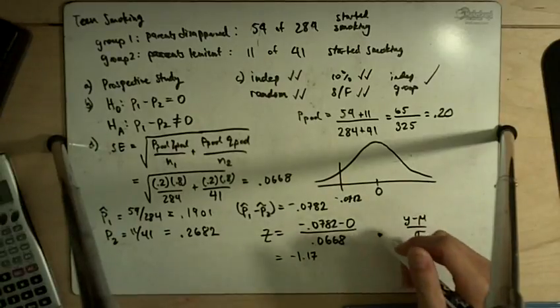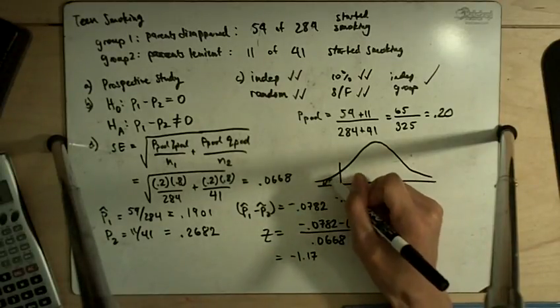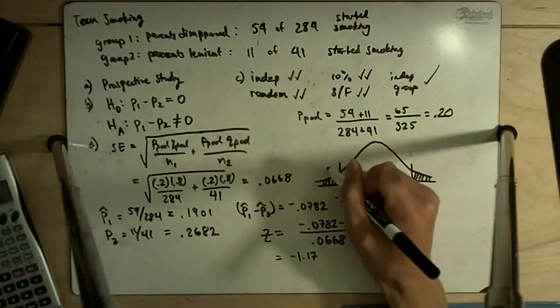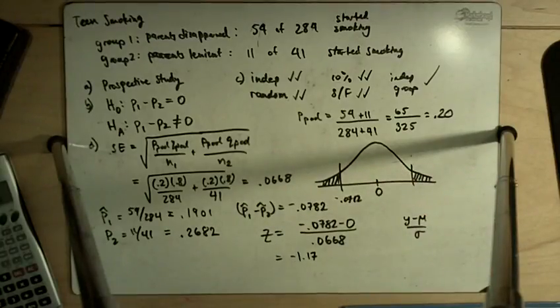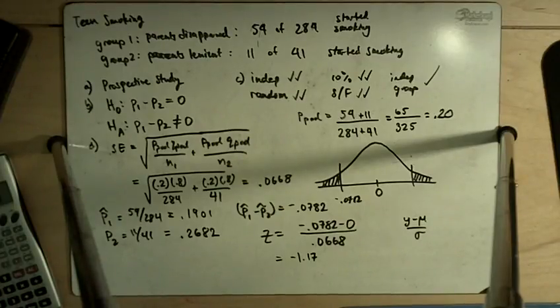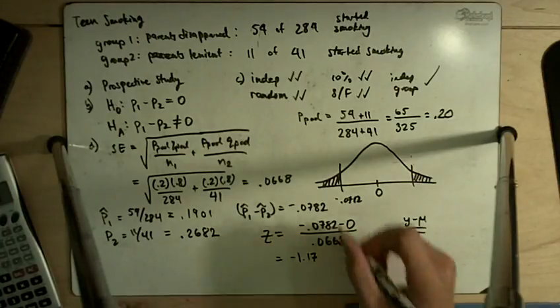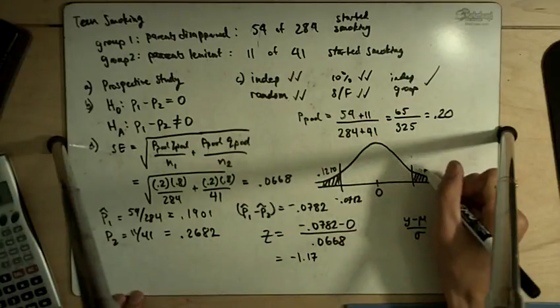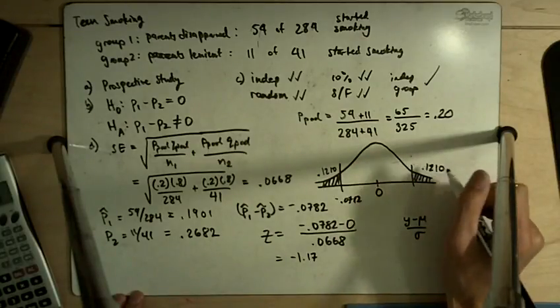Okay, we are interested in the two-tailed probability. So we just have to find the area in one tail, and we multiply that by 2. So if we look up negative 1.17, we see that the area to the left is 0.121. Okay, which means the area over here is also 0.1210.